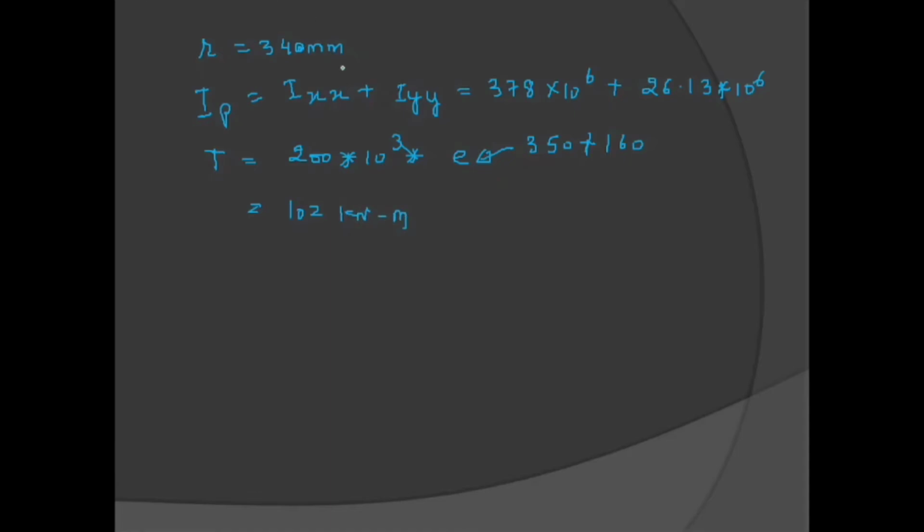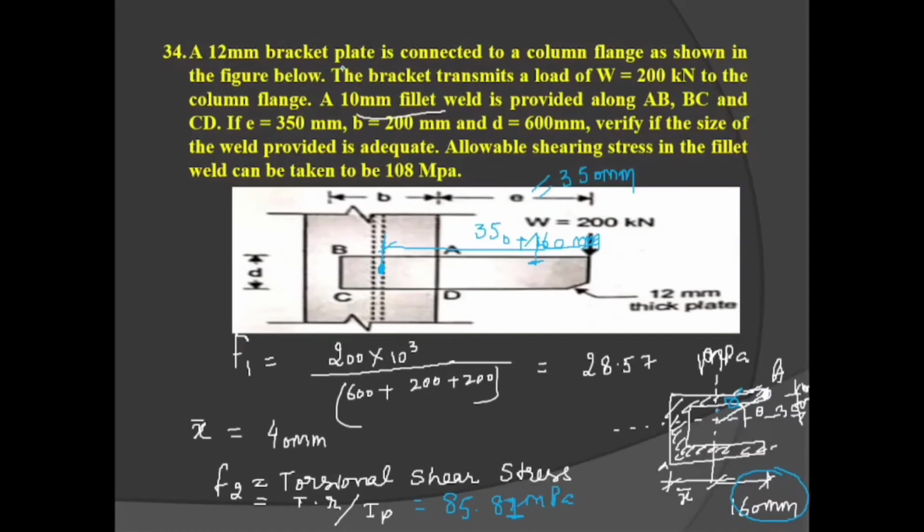Now you have all three values R, IP and T. You can put the values here. F2 value is calculated as 85.81 megapascal. F1 was calculated as 28.57 megapascal.